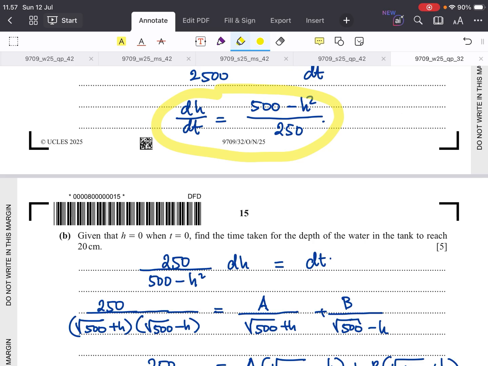We will rearrange this equation so that the terms that contain the same variable are on the same side. And apparently there is no expression that contain t, so we move dt to the right, it will be dt only, because there is no term here that contain t. While when we move this one to the left, it will be 250 over 500 minus h squared.